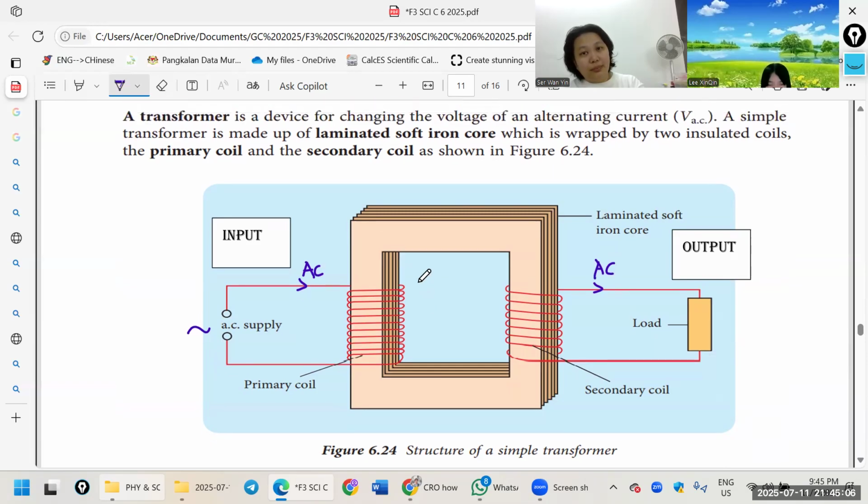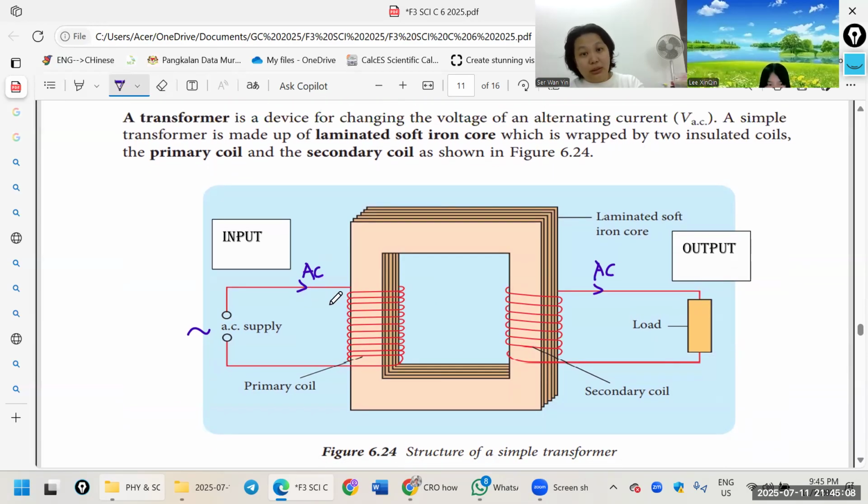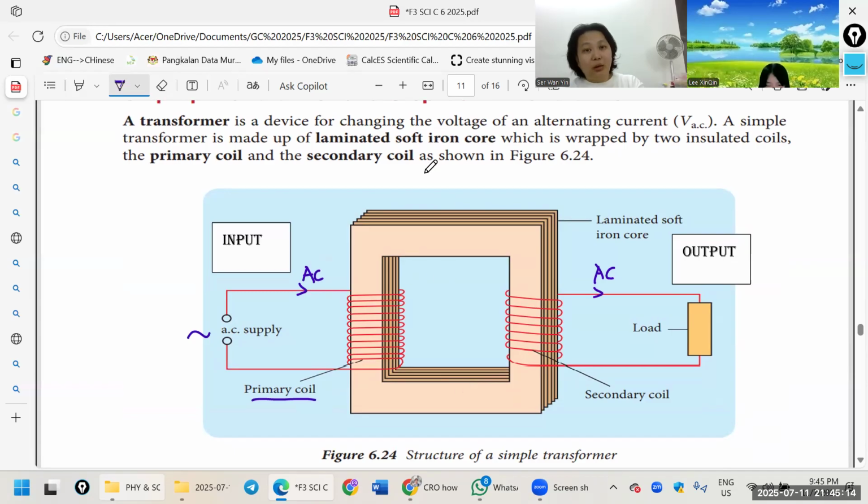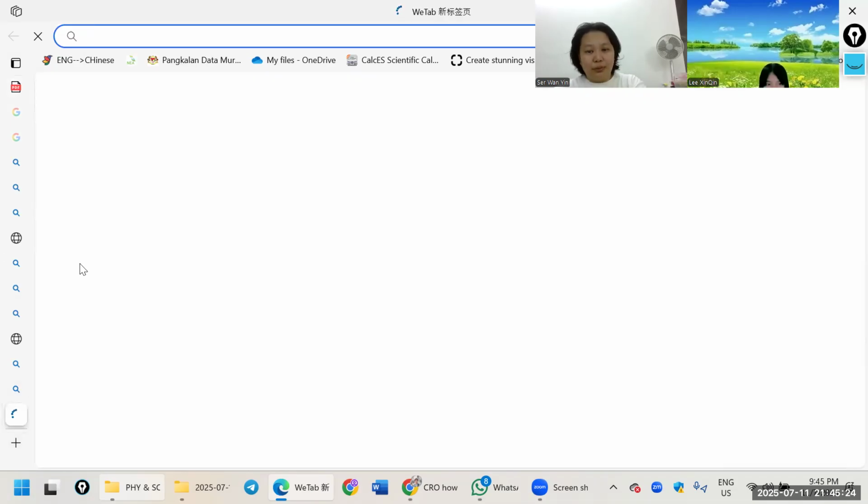We remember the names first. This coil, we call it the primary coil. Then this soft iron core, we call it the laminated soft iron core. You know what is laminating paper?